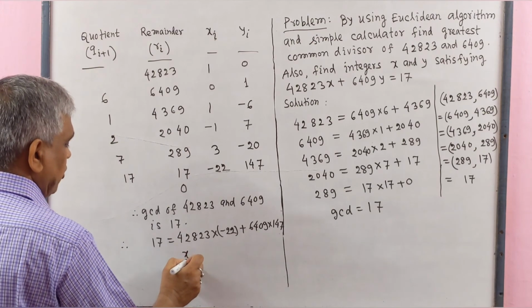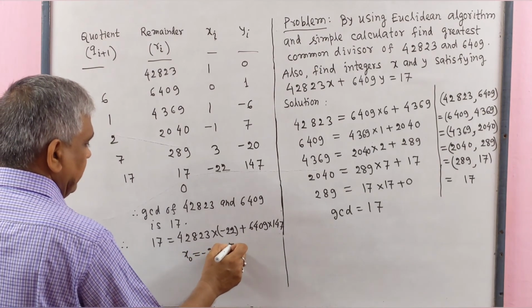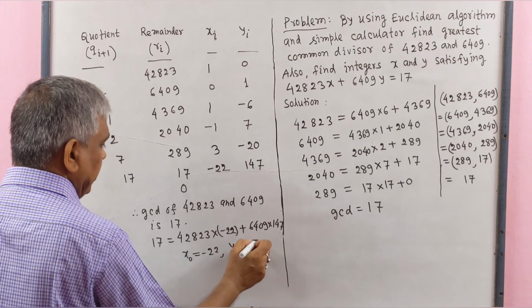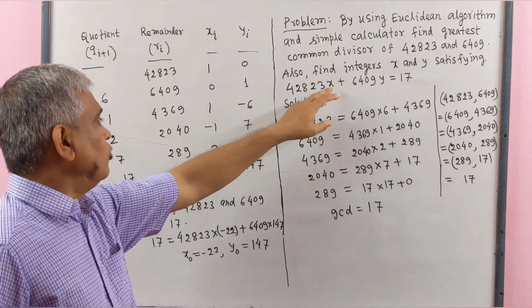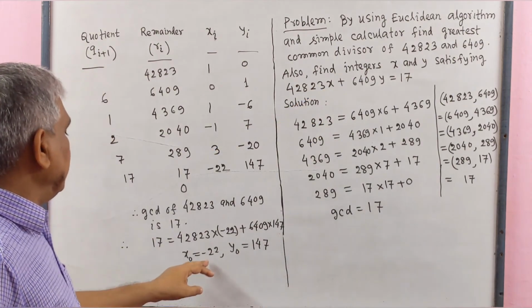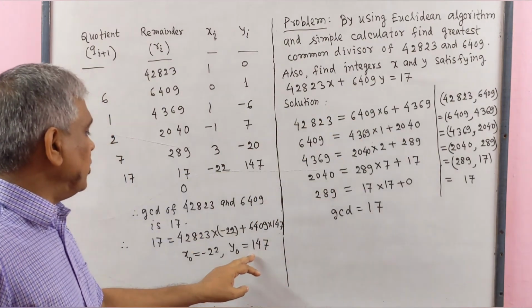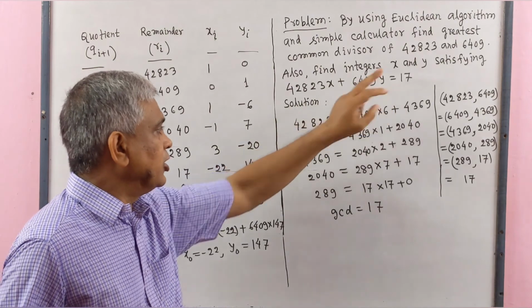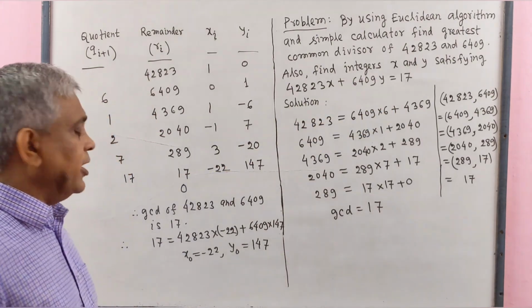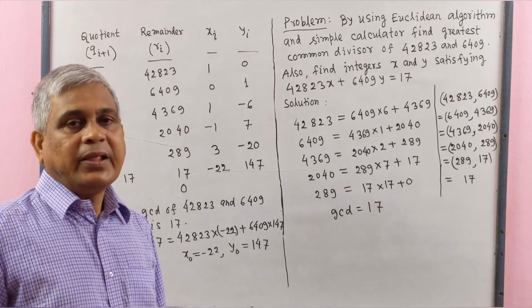Here x naught equals minus 22 and y naught equals 147. That is, our value of x is minus 22 and the value of y is 147 for this equation. Therefore, we solve this problem.